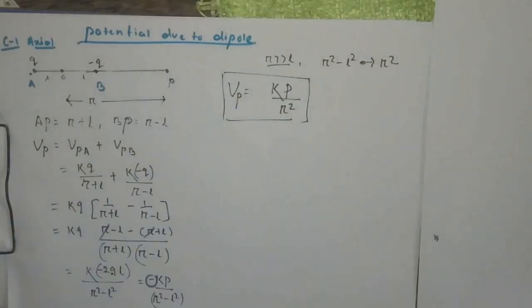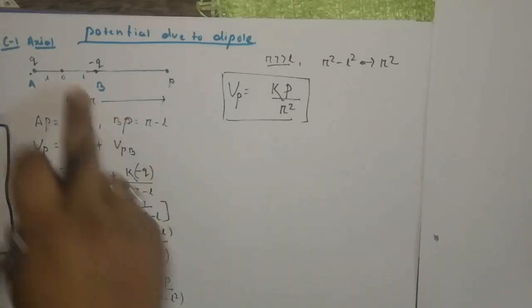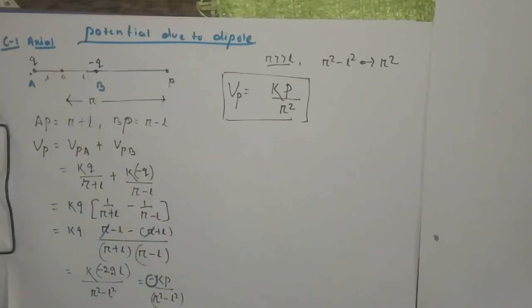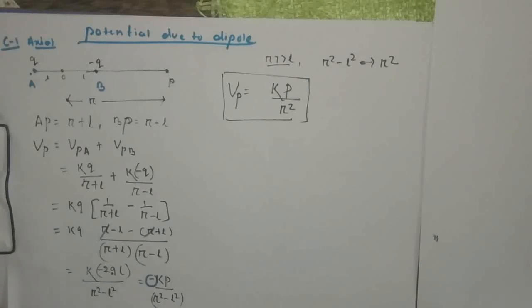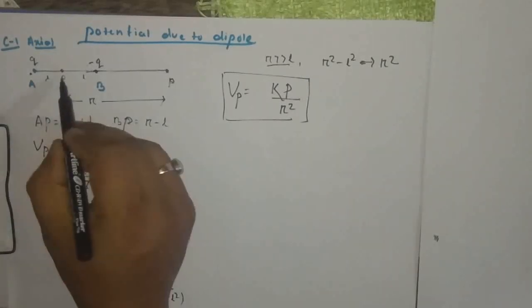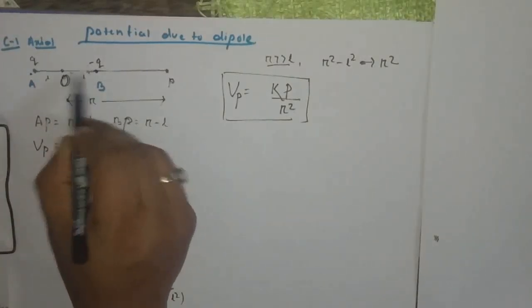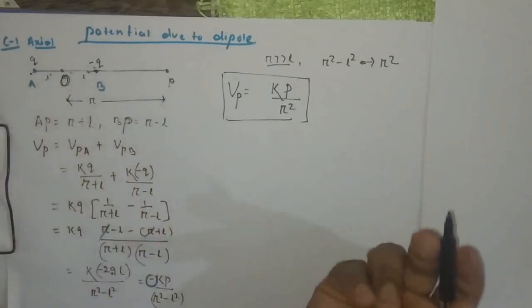Similarly, you can solve lots of problems. Sometimes they will ask what the potential at Q will be. Obviously it will be 0. Let us go for potential at O. Same distance, opposite charge, they will cancel each other.